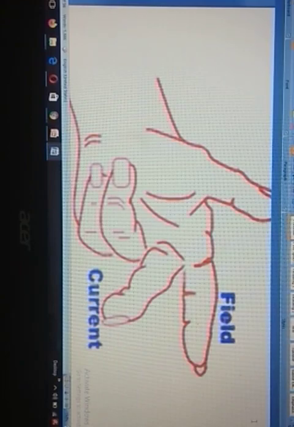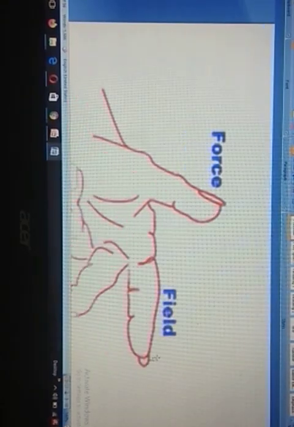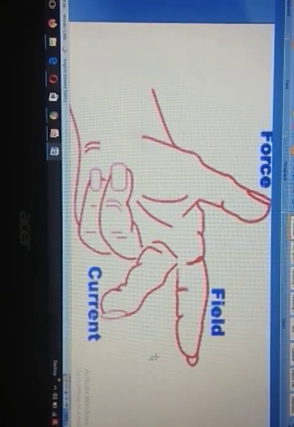Stretch the thumb, forefinger and middle finger of your left hand so that they are perpendicular to each other as shown in the figure. The forefinger points in the direction of the magnetic field and the middle finger shows the direction of current. What is current? Movement of positive charges from positive to negative. Then the thumb points in the direction of force or motion of the conductor.